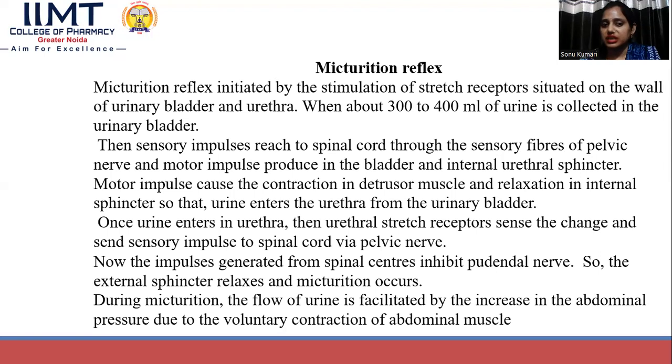Now the impulses generated from the spinal center inhibit the pudendal nerve, so the external sphincter relaxes and micturition occurs. During micturition, the flow of urine is facilitated by the increase in abdominal pressure due to the voluntary contraction of the abdominal muscles.